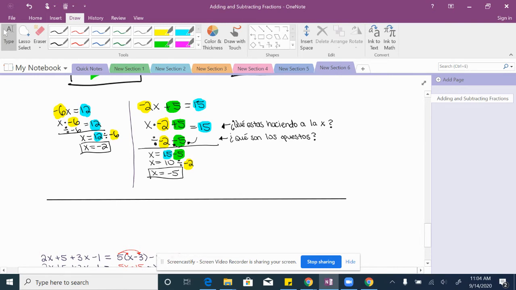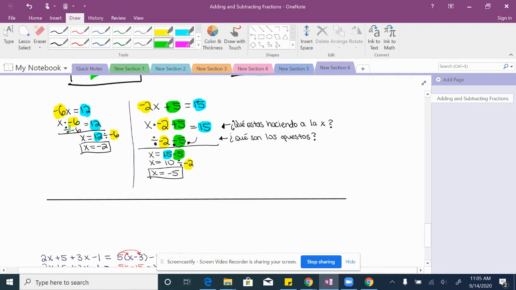Here are equations where we did backtracking last year. So we take the number in front of x and we're multiplying by that, negative 6. And the opposite of multiplying by negative 6 is dividing by negative 6.